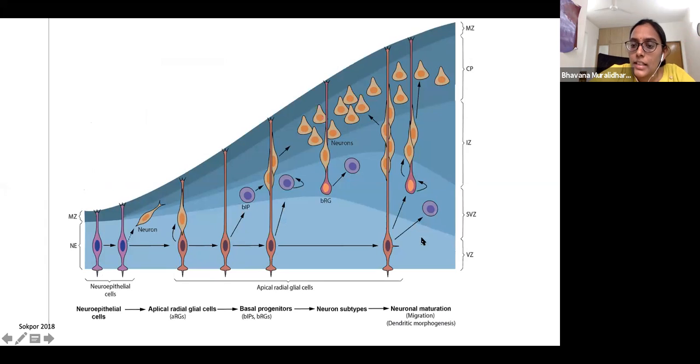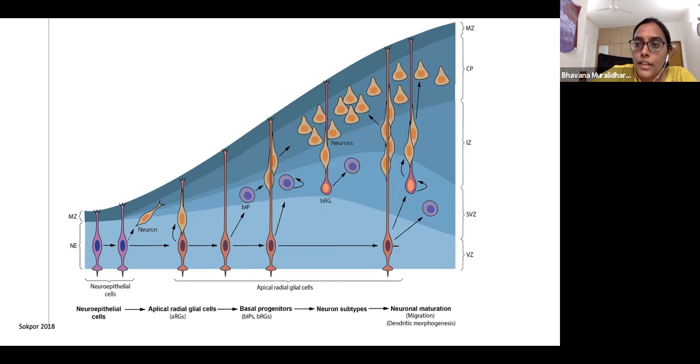So this is a ventricular zone here, right? Now this is the subventricular zone here, right? In the case of humans, there is an additional zone above the subventricular zone, which is called the outer subventricular zone. This is a mouse brain, so the OSVZ is not quite visible, and there are very, very few BRGs in the mouse brain. There are hardly any. The basal radial glia are also called the outer radial glia.